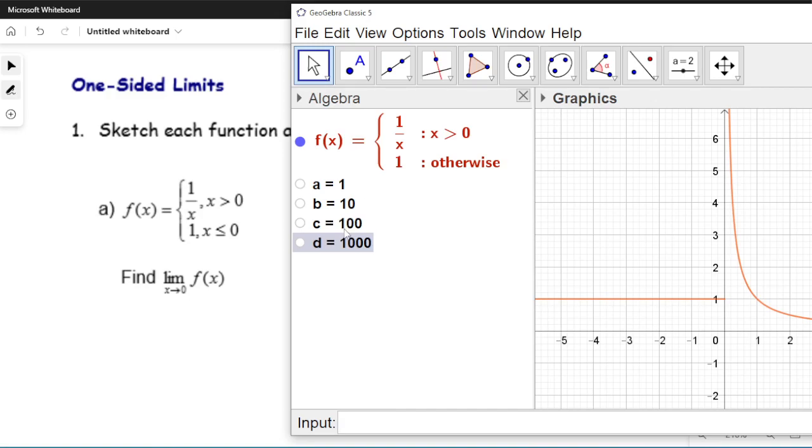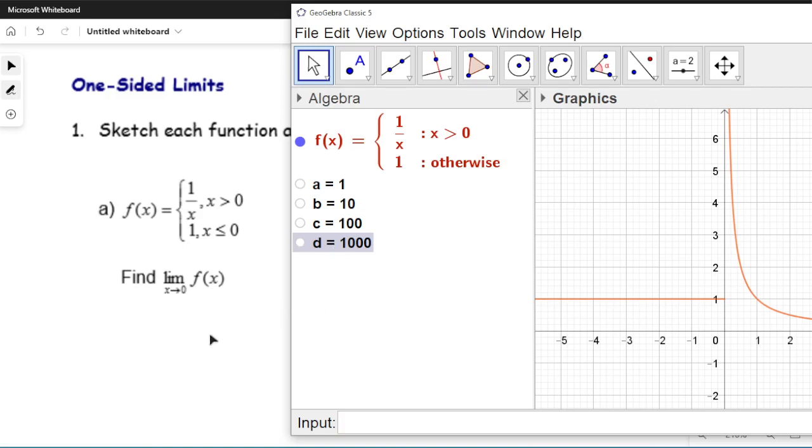The closer I make x to 0, y does not settle on a limit. y keeps getting larger and larger. This is behavior that we recognize as asymptotic behavior, the behavior of an asymptote.